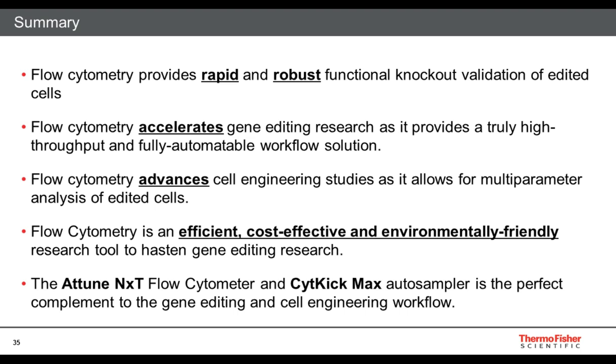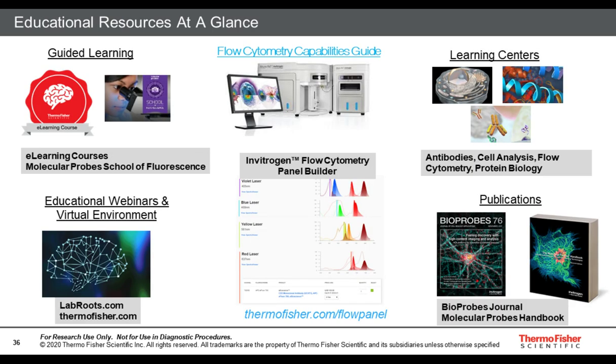And again, it's efficient, cost-effective, and environmentally friendly, which is really a nice added benefit. And the Attune NxT in particular with the Sidekick Max is fast, right? It's just the perfect complement for the workflow, and it's very fast and very user-friendly.